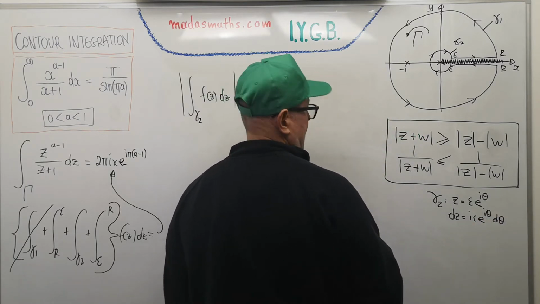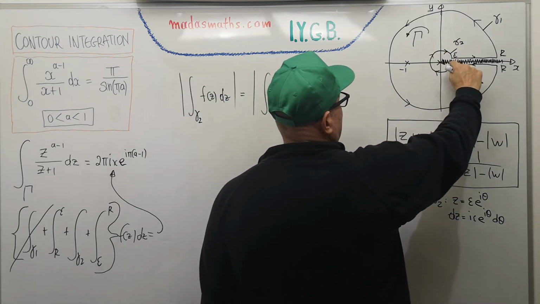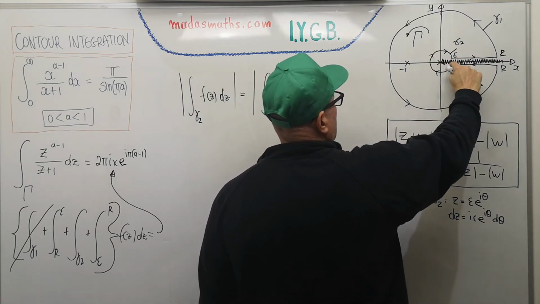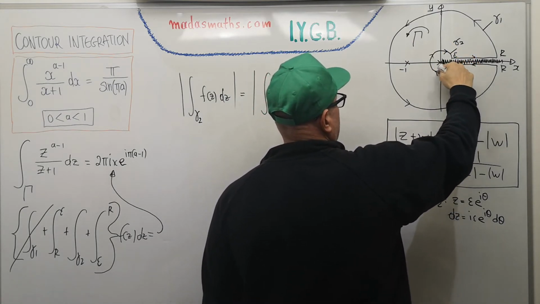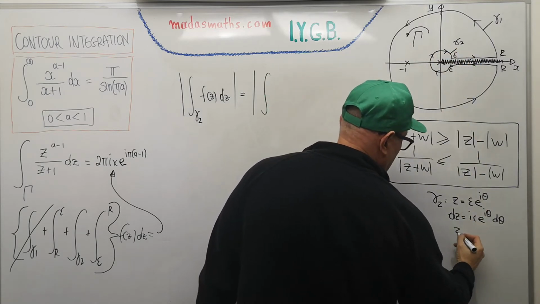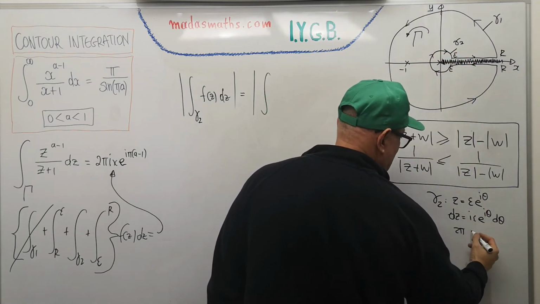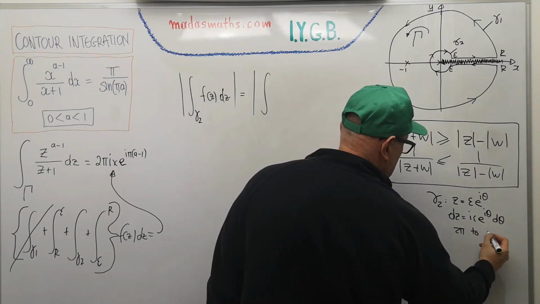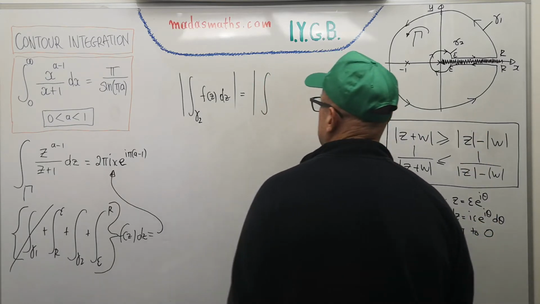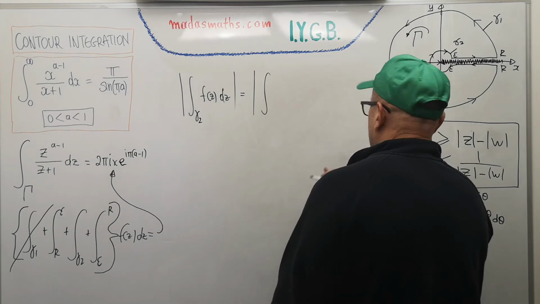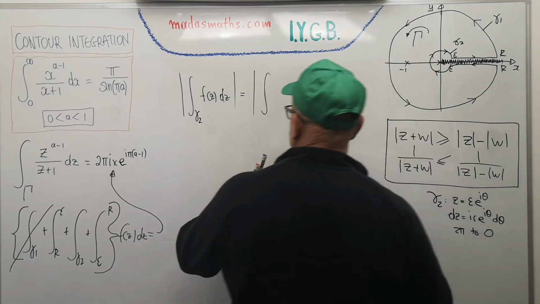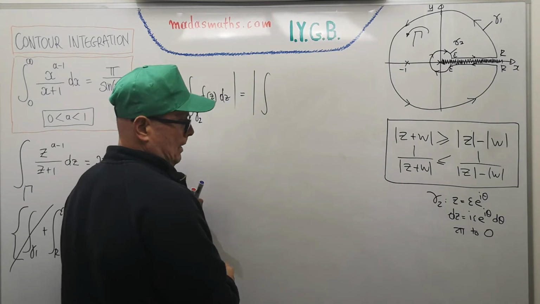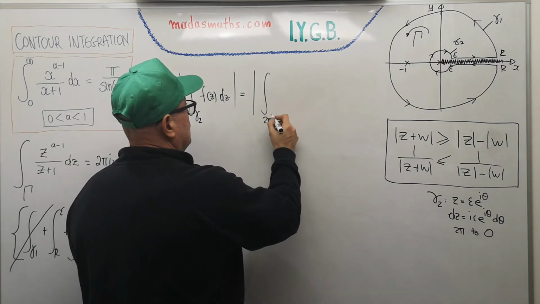And my theta will run, this is running anti-clockwise, sorry, clockwise, so it is actually going from 2 pi to 0. It will not matter in the estimation, but I'll write it the way it appears up there, 2 pi to 0, and you'll see why in a second. So let's put the numbers in, move out of the way so we can see both sides of the board. So this is from 2 pi to 0.